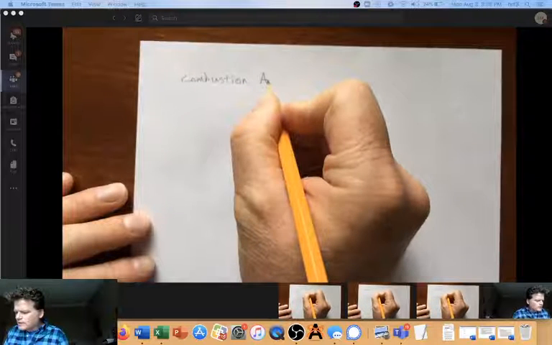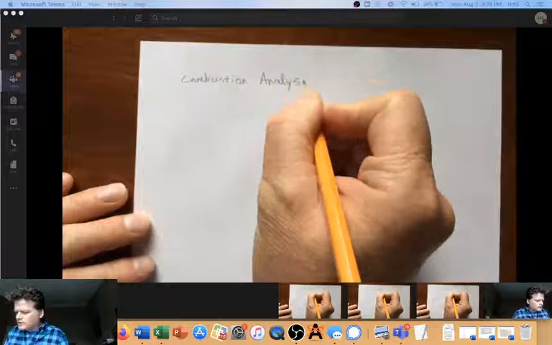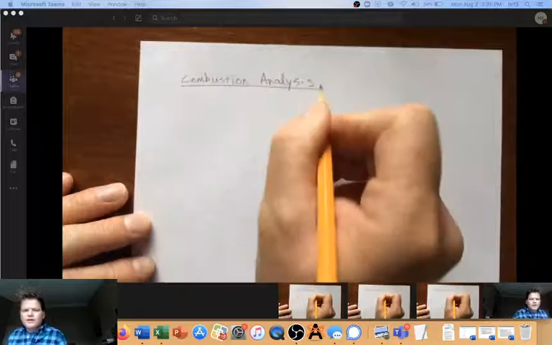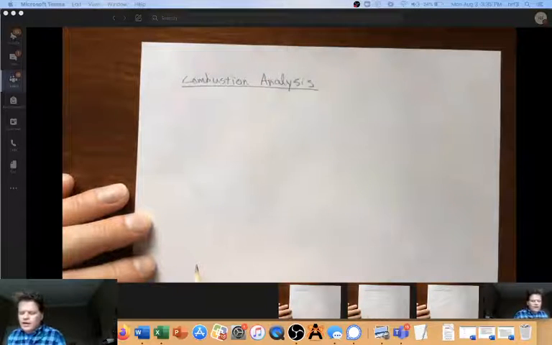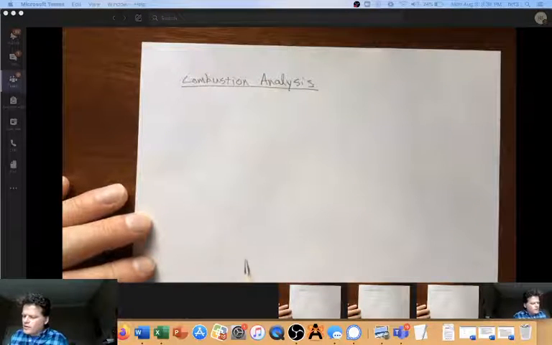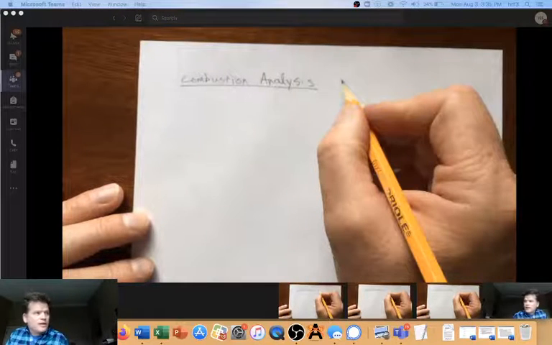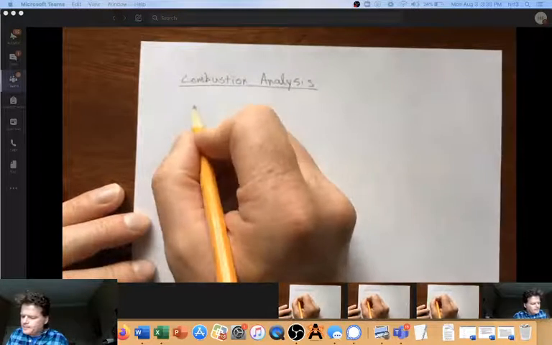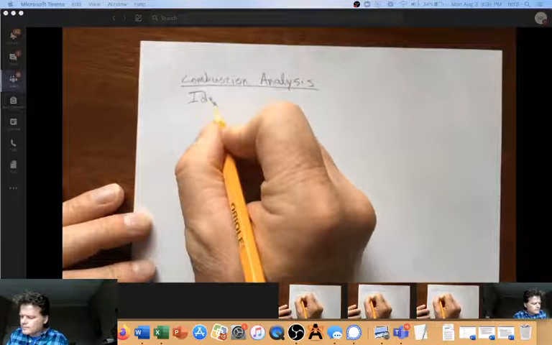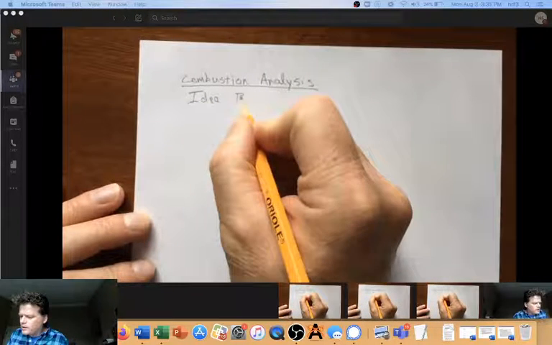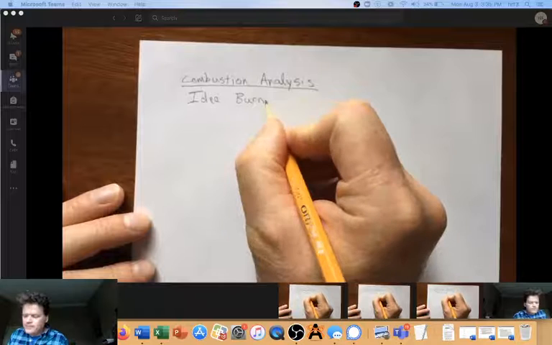Combustion analysis is one of the harder topics in Chapter 3. It's kind of an old-fashioned way to figure out the subscripts in a hydrocarbon. So, here's the idea. Burn a hydrocarbon.